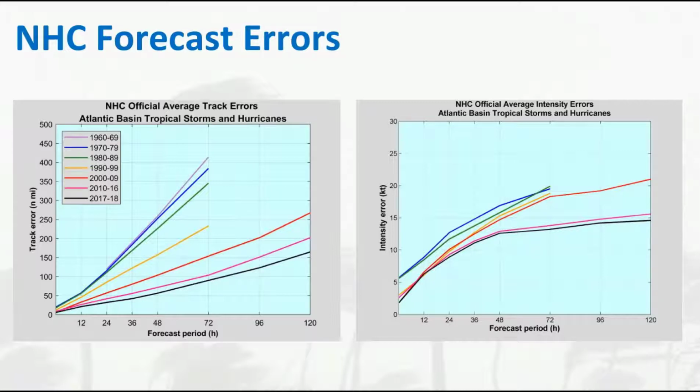In the 1980s, the average error for a 3-day forecast, which is about 72 hours in the future, was about 350 miles, which is just about the distance from here to Dallas. So that's a big gap for error. In the 2000s, we were able to reduce the error to only 150 miles, which is about the distance from Corpus Christi to San Antonio.